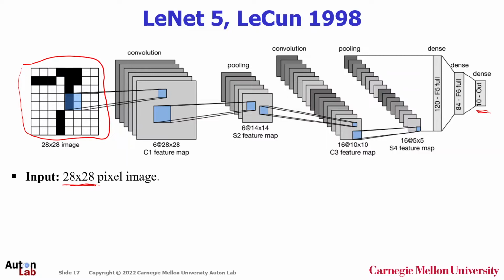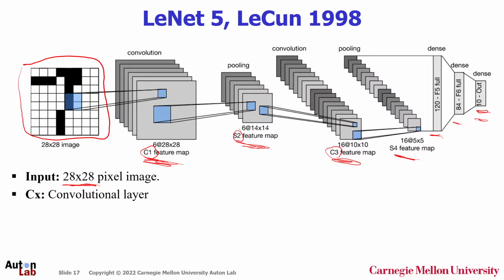This neural network has 7 layers: 1, 2, 3, 4, 5, 6, and 7. C1 and C3 are convolutional layers.